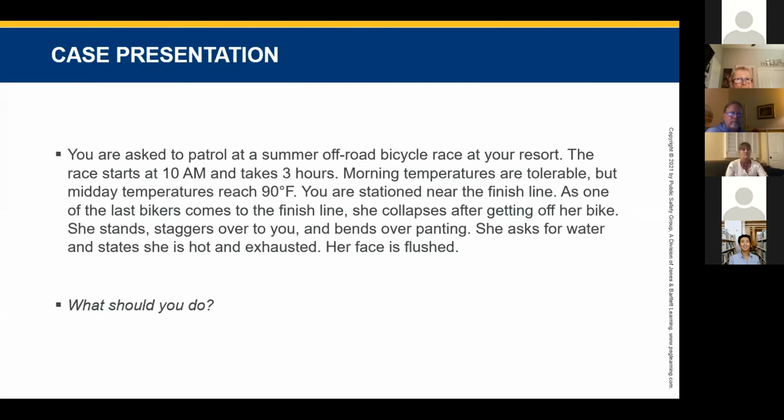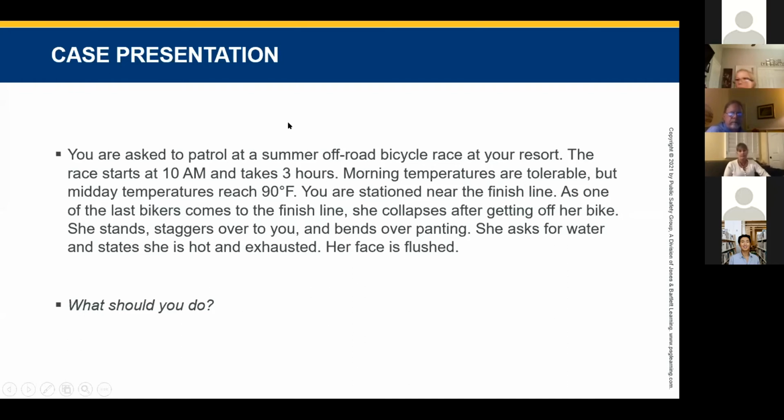Midday, the temperature reaches 90 Fahrenheit. You're stationed near the finish line, and one of the last bikers comes to the finish line. She collapses after getting off her bike. She stands, staggers over to you, bends over, panting. She asks for water and states she is hot and exhausted. Her face is flushed. What should you do?